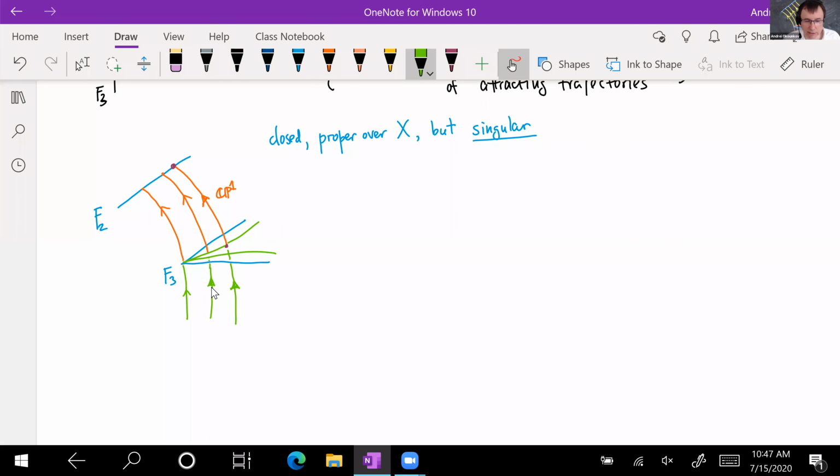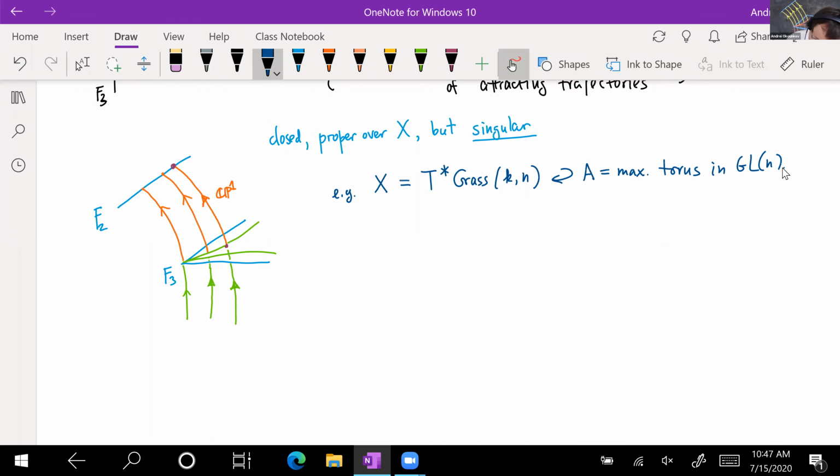So for instance, you can think about the example when X is T star of the Grassmannian of k-dimensional subspaces in n-dimensional space, and I can act by A, which is a maximal torus in GLn, and then these attracting manifolds are conormals to Schubert cells, and the full attracting set is some union.